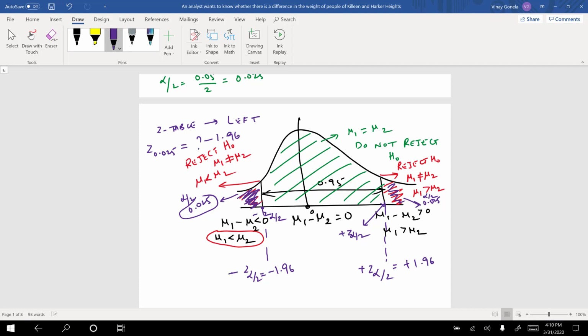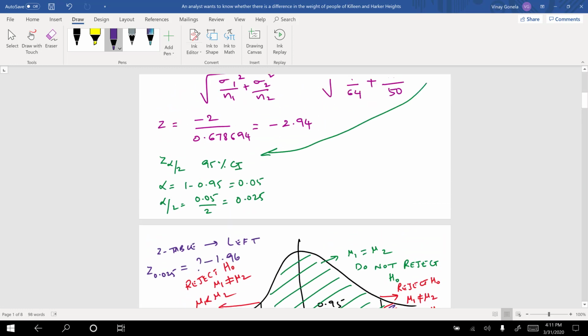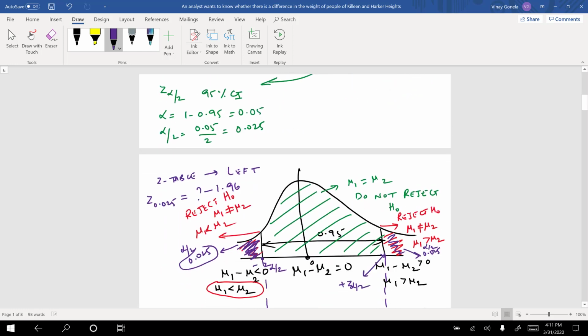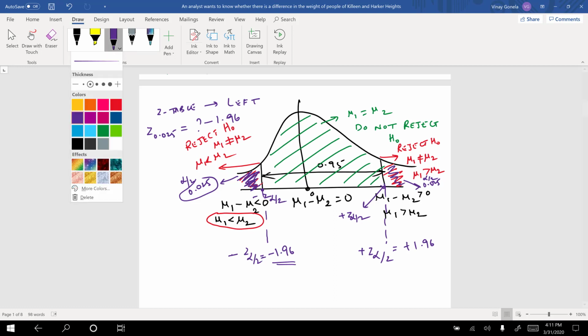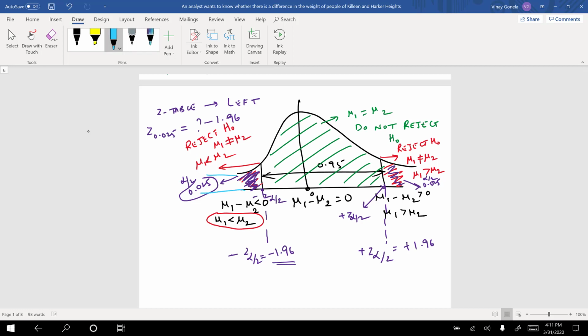So now the next step is to look at this and compare. Our z value is negative 2.94, and this is negative 1.96. So the z value negative 2.94 will lie to the left somewhere here. It will be negative 2.94. So it falls under the rejection region, reject H null.